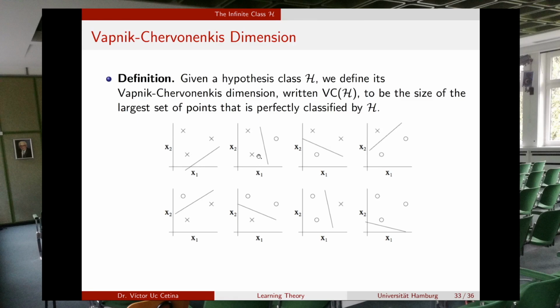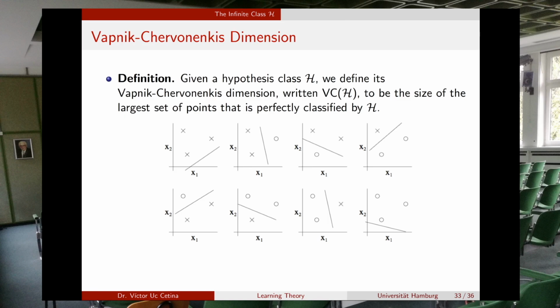If the labels of these 3 points were like this, like 2 crosses here and 1 circle here, then the straight line could be drawn here. And by doing this, we can solve this perfectly. If the labels were cross, cross, and circle, then the straight line should be like this. And so in these 4 plots, you see all the possible labels of the points, and you see that you can find a line to perfectly solve the problems.